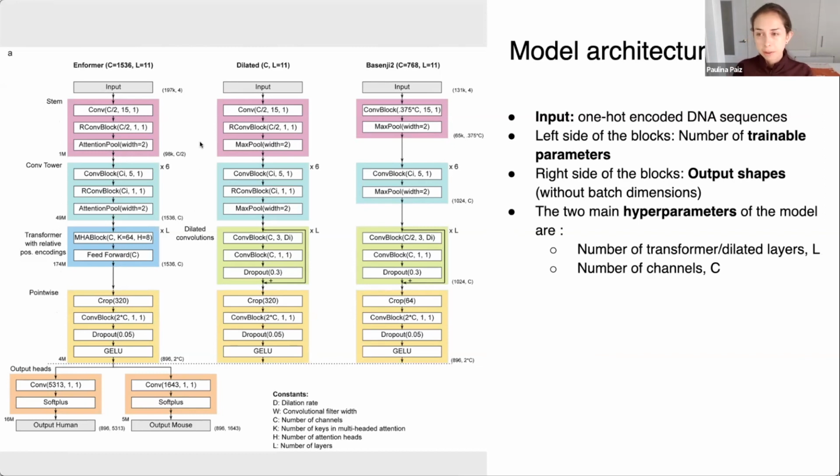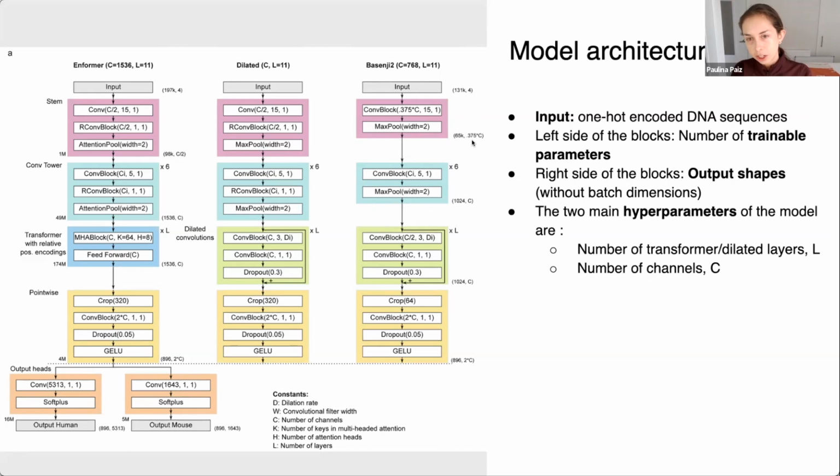Then on the right side of the blocks, you can see the output shapes, like I mentioned, starting with the one-hot encoded sequence, and then going from half the number of channels to the number of channels that they wanted, starting from a fraction of them, as well as, if you can see, the same thing is done in Basenji 2.